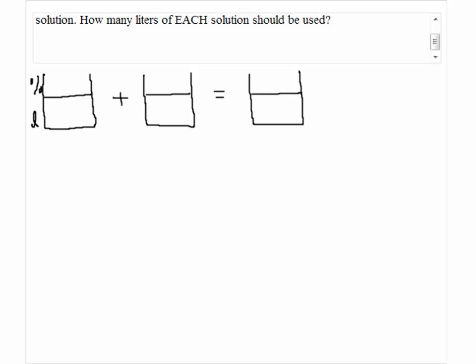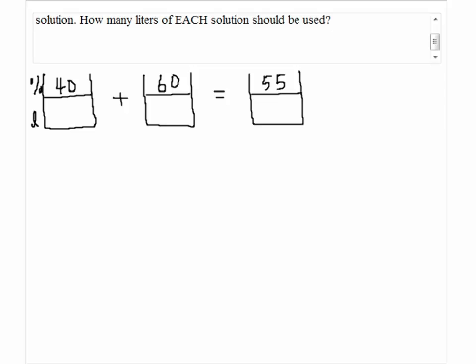So the first solution that we have has 40% acid, so the percentage will be 40. And the second solution has acid of 60%, so we have 60. And the mixture has a percentage which is 55%.